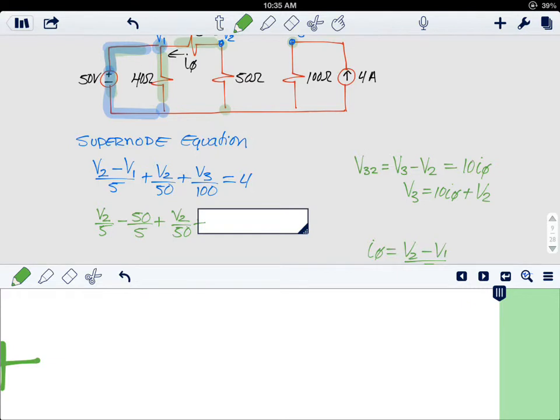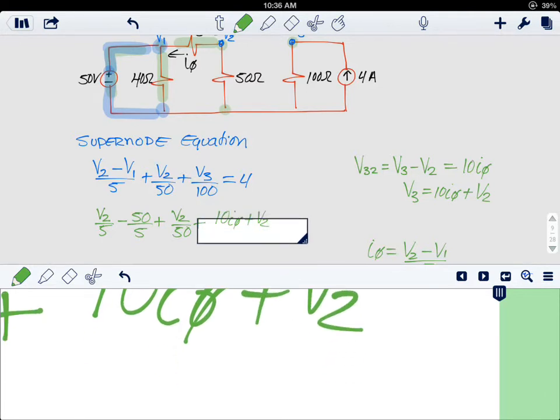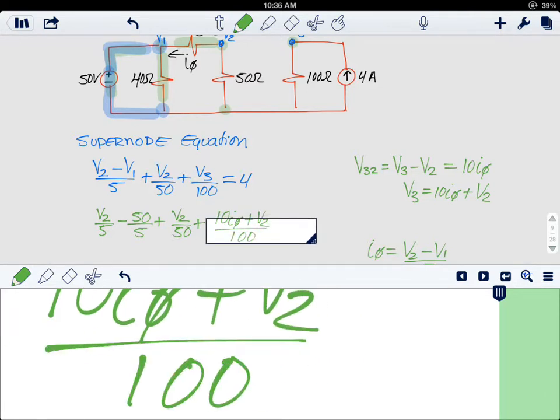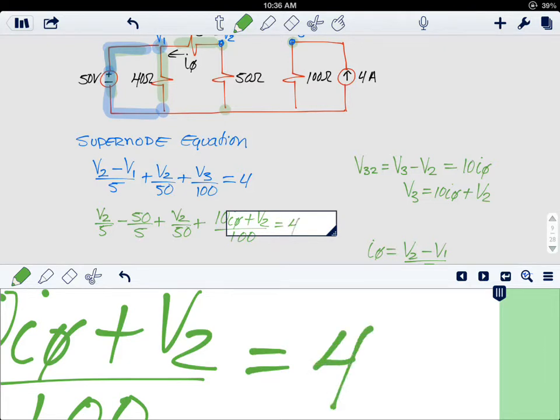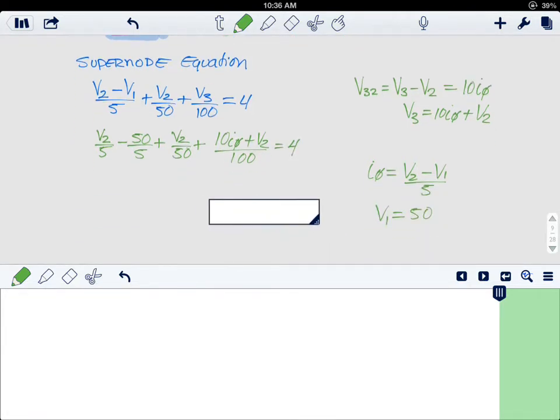So voltage 3 will be equal to 10 times this current plus voltage 2, over 100 ohms, equal to 4.